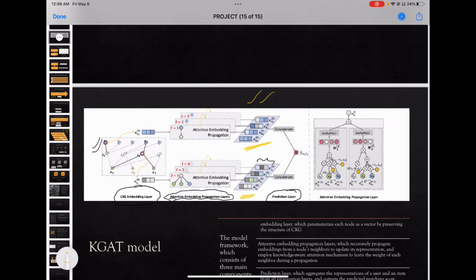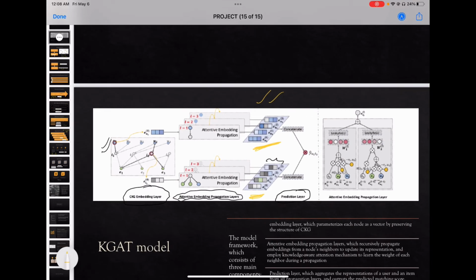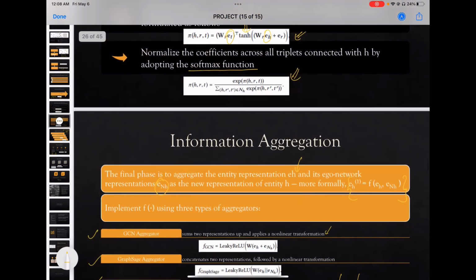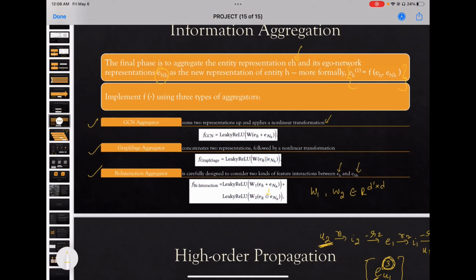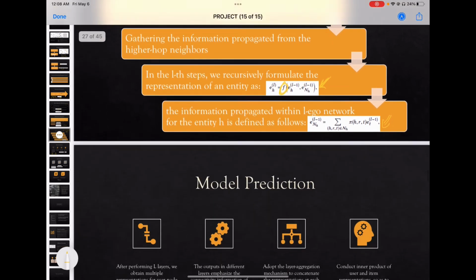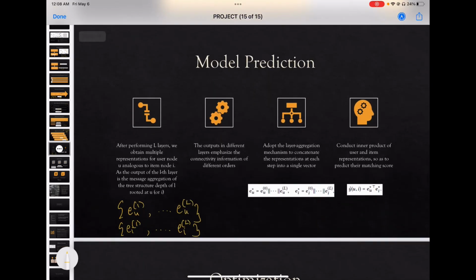The output in different layers emphasizes the connectivity information of different orders. So we adopt the layer aggregation mechanism to concatenate the representation at each step into a single vector, using this expression for U and this expression for I, where this double bar is a concatenation operator.